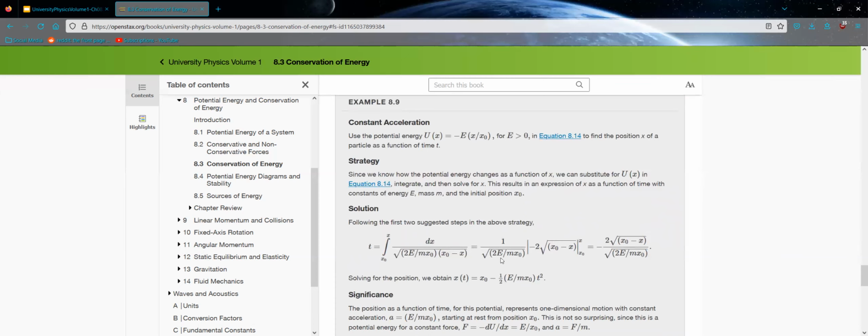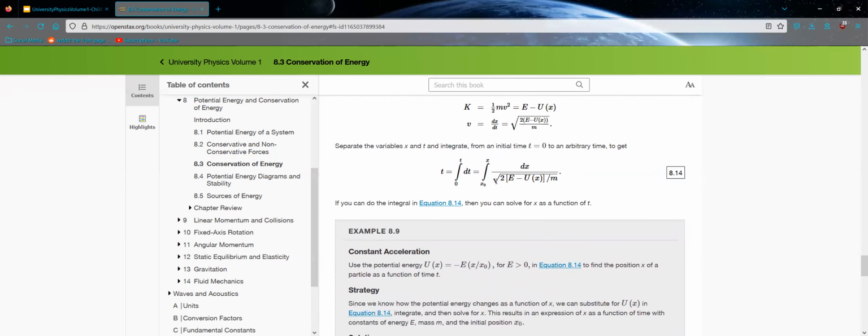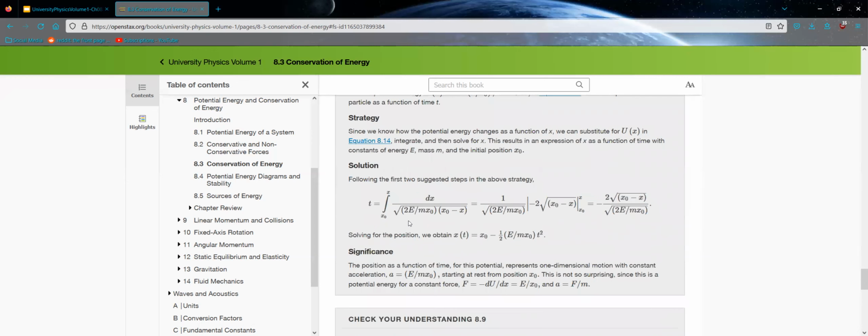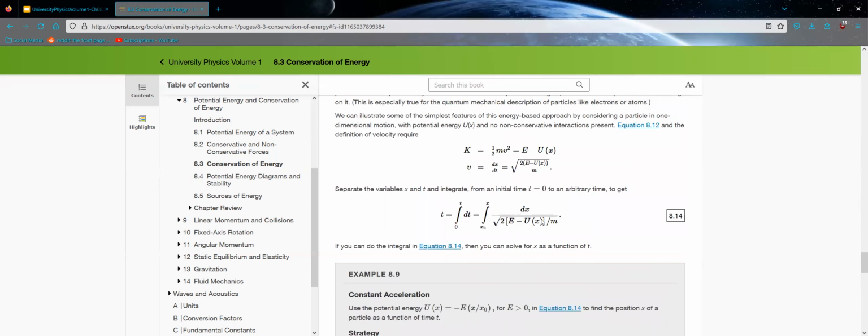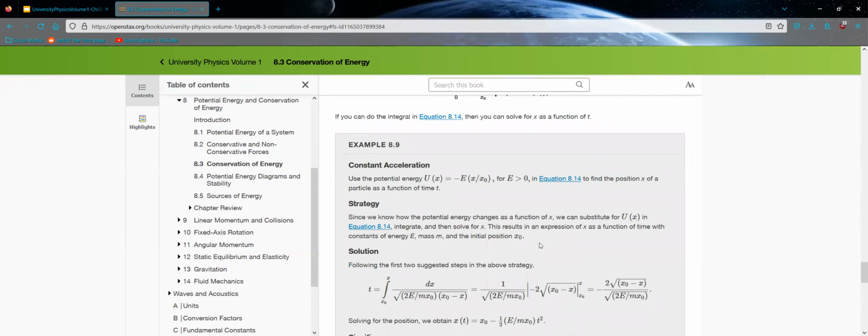What does all that mean? Well, if I take my initial equation here, dx over the square root of 2 times the quantity energy minus potential, all that over m, which is mass. Notice I'm taking my equation, negative E x over x naught, and plugging that in for U sub x.